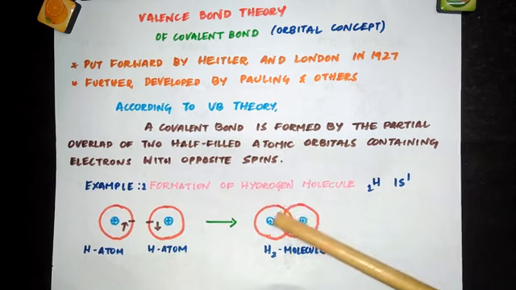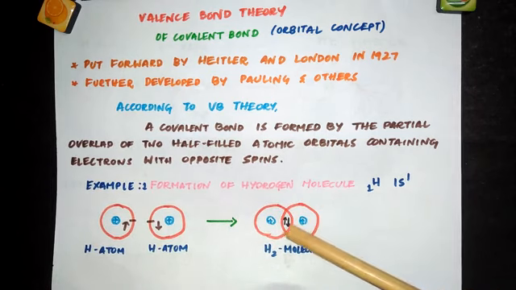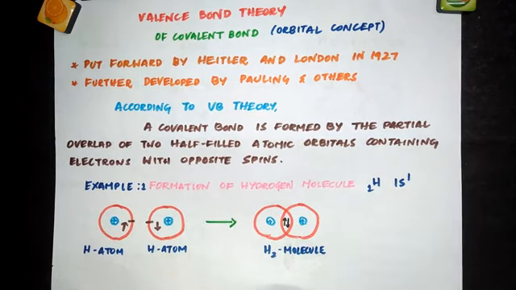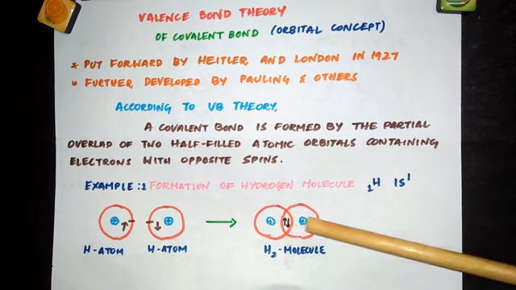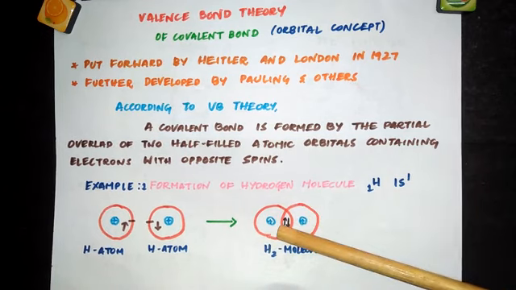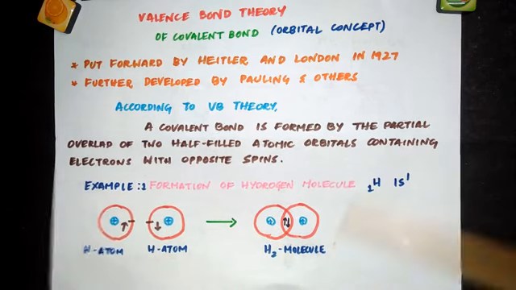This is partial overlap. We have learned that the s orbital is spherical in shape. Both s orbitals overlap partially, and now here we have the 2 electrons. Now this is the H2 molecule.